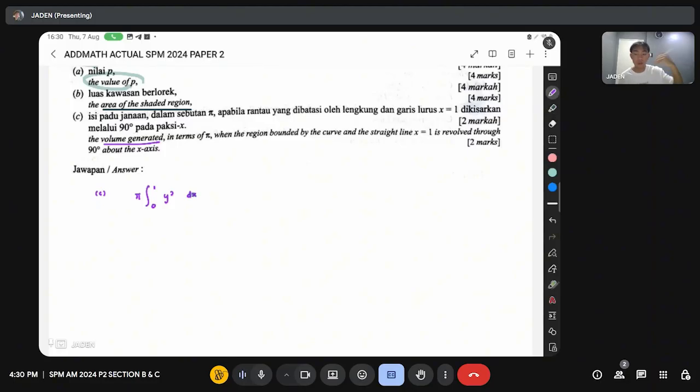If this is about x-axis, then it's going to be dx.